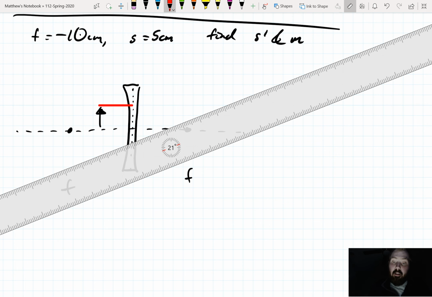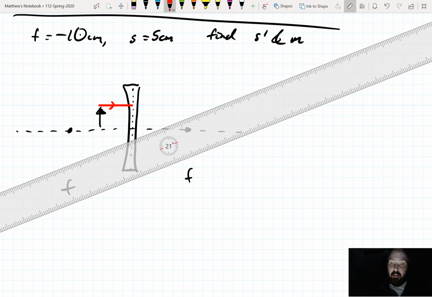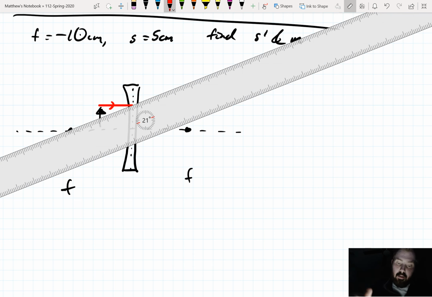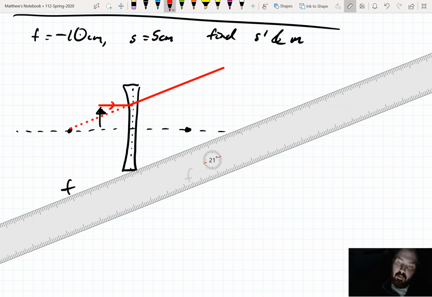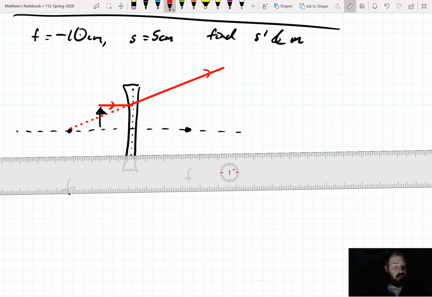You then diverge away because it's a diverging lens. Now let's do another one.